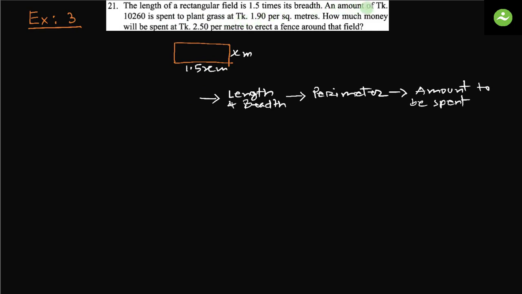Here you see an amount of taka 10,260 spent to plant at taka 1.90 per square meter. From here we get the area. So from area we get length and breadth. From length and breadth we get perimeter. From perimeter we know amount to be spent. So let us proceed.